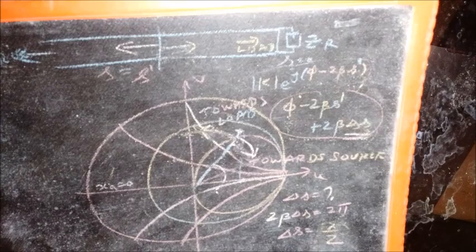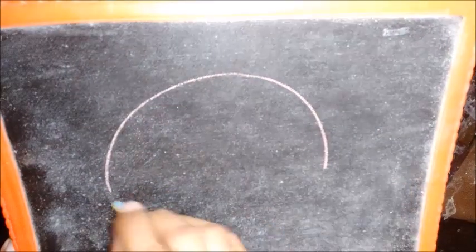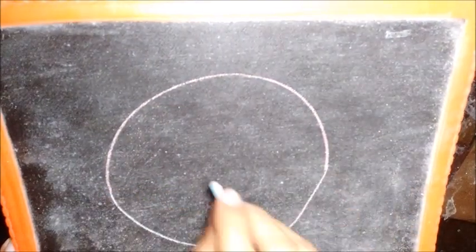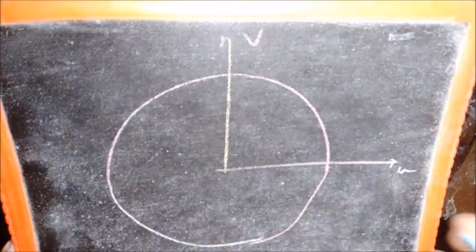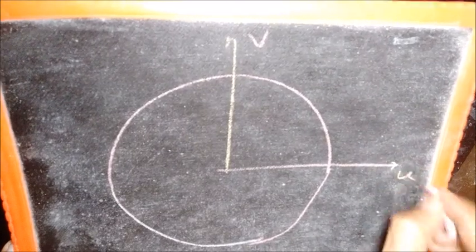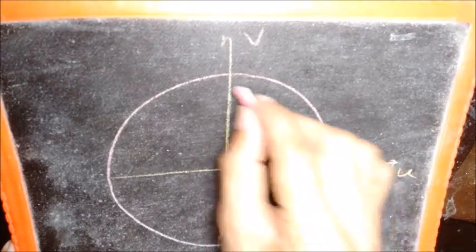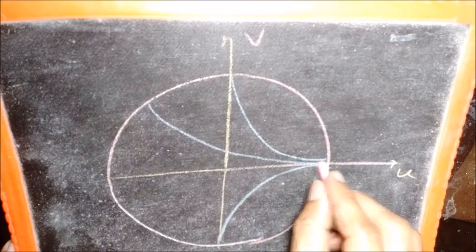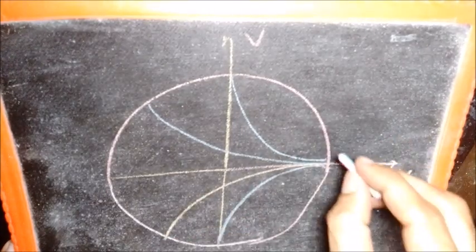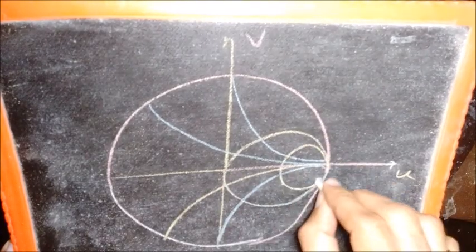So moving on to the next observation. Let's say we have the Smith chart, U and V, and we have these XA circles, maybe just a few.